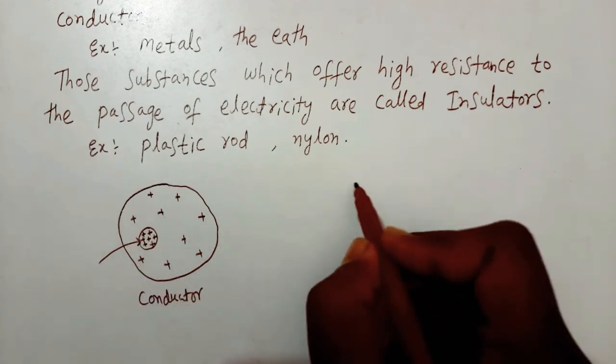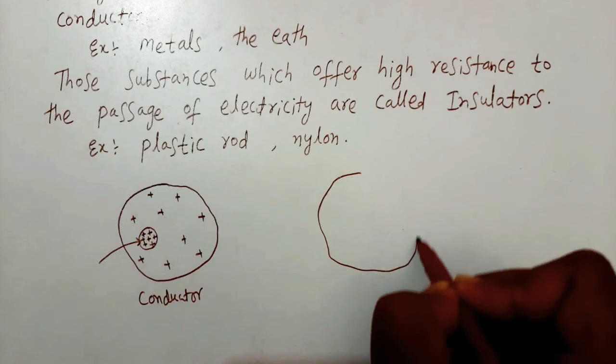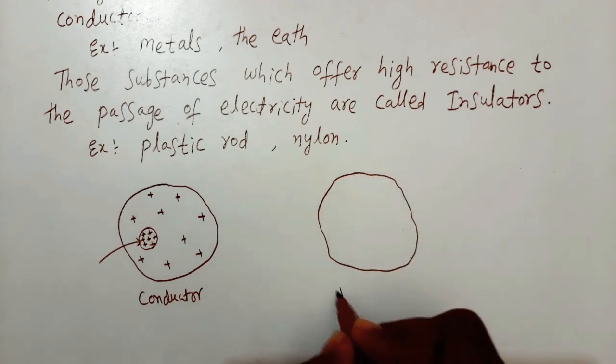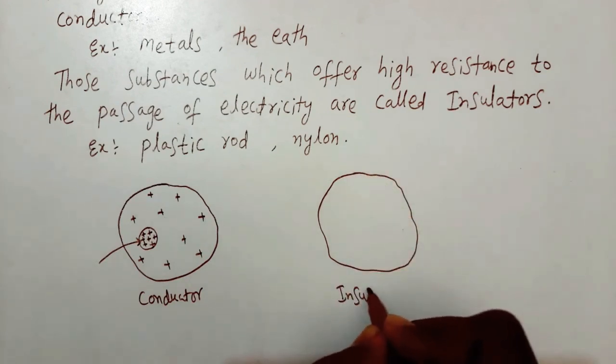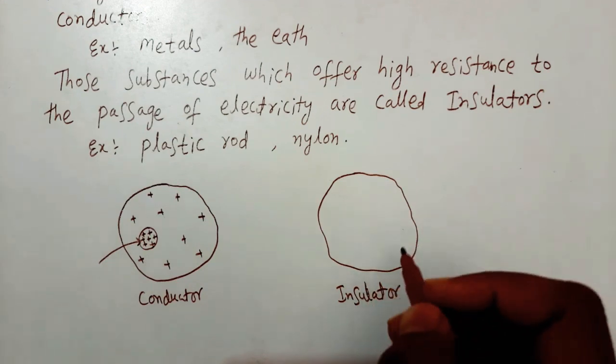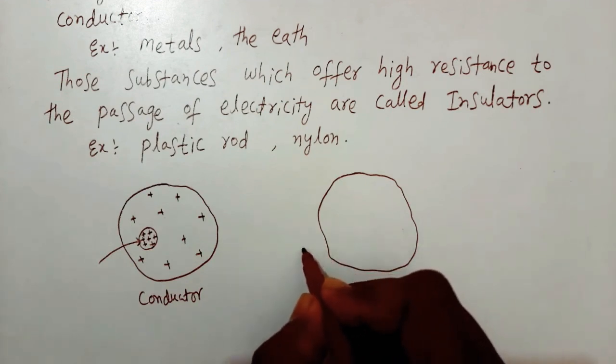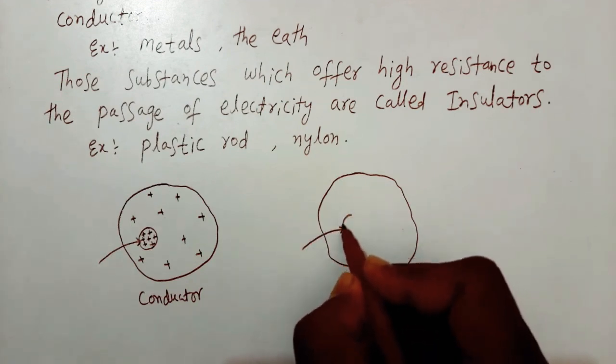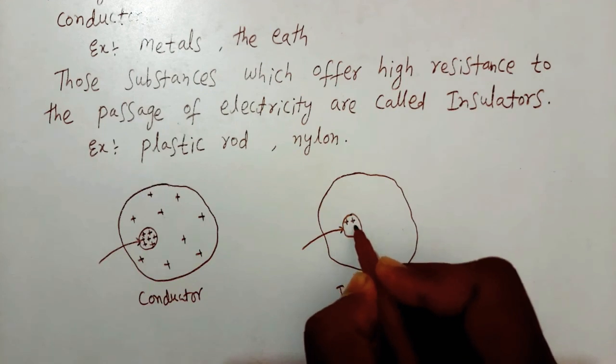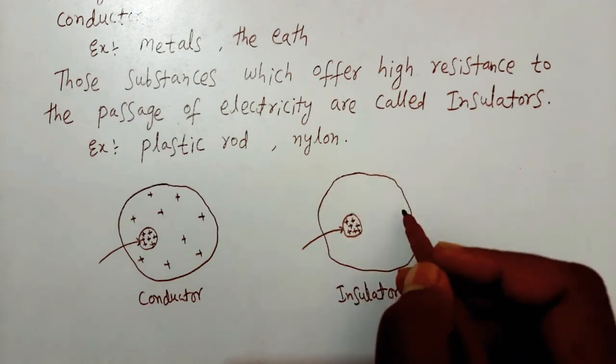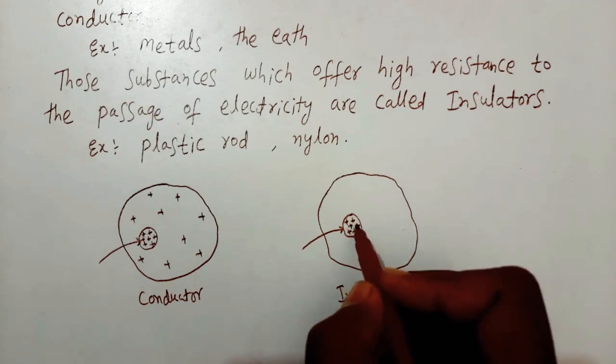Here I am taking one insulator. If we give some charge to this insulator, for example, here I am giving some positive charge, in an insulator the given charge stays at the same place.